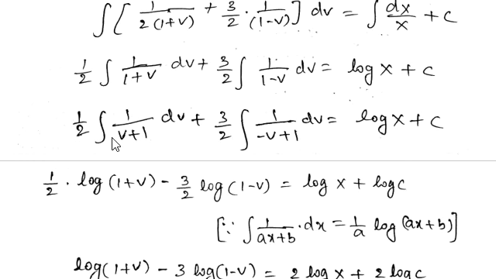If you follow that, 1 by 2 is already there, so 1 by 2 into 1 by a, which is 1 by 1, is 1, so writing 1 or not writing it makes no matter. So log of (ax plus b): in the place of a, 1 is there, in the place of x, v is there, so ax means 1 into v, and plus b means 1. So the answer is log of (1 plus v).